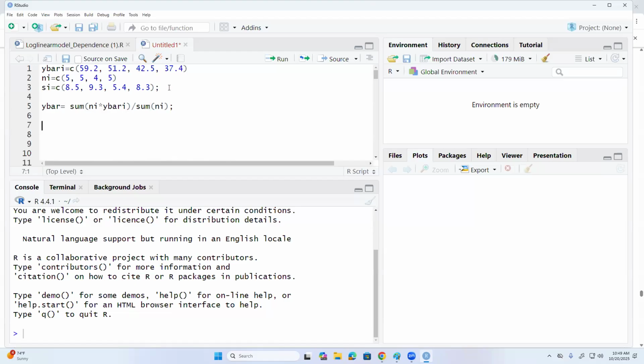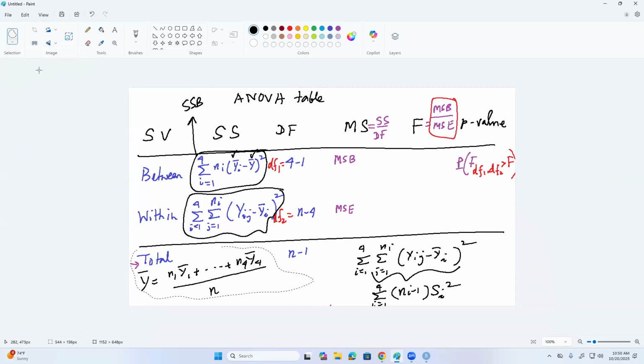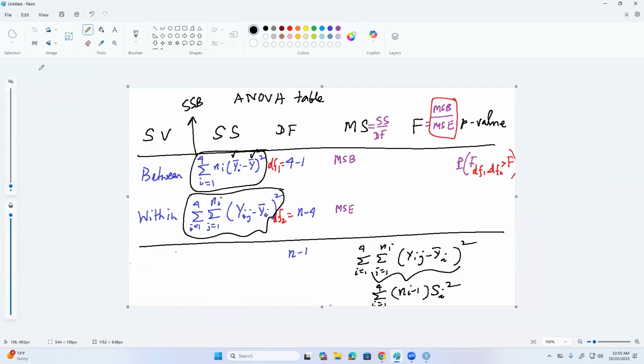So now we calculate SSB. What is SSB? SSB is this guy, the sum of squares between. And this guy is SSE, the sum of squares error.